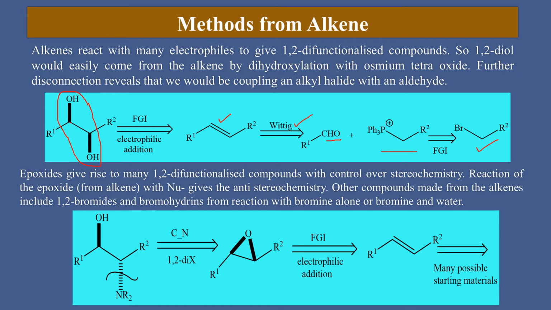But if we want to obtain the trans-1,2-diol, or any other functional group instead of OH, such as any other nucleophile such as amino as shown here, and if both of these are trans to each other, then it is disconnected from here so that we can obtain an epoxide.